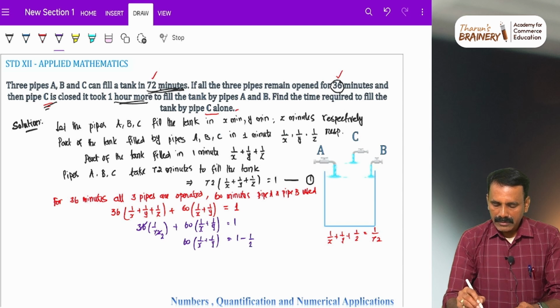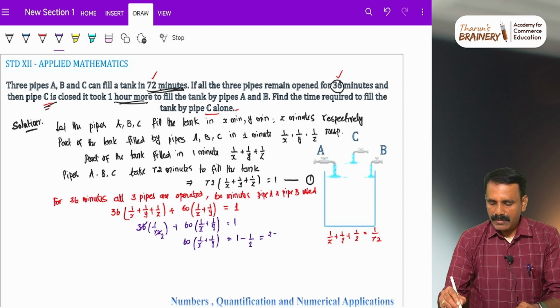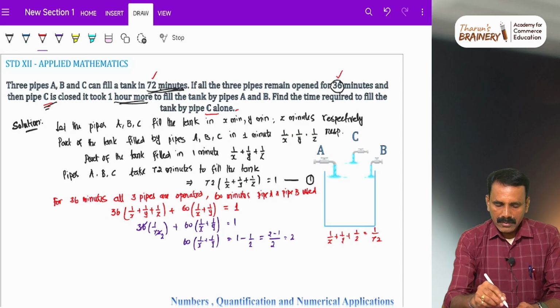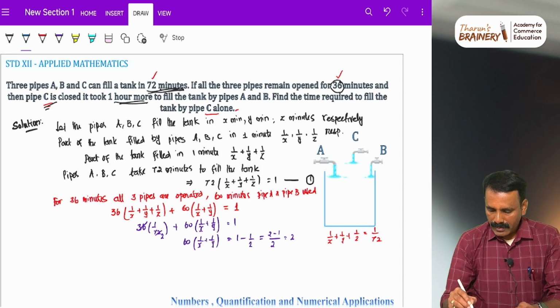We take that 1 by 2 to the other side. So, we take LCM and simplify, it is 2 minus 1 by 2. Now, we get the value for 1 by x plus 1 by y.